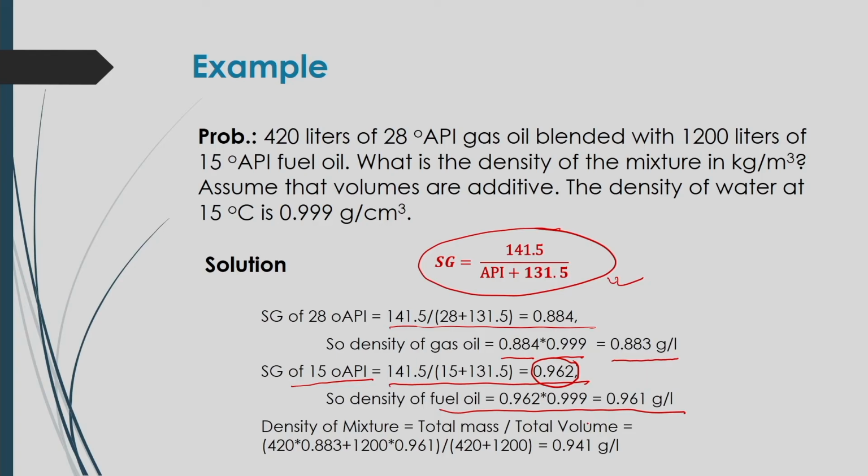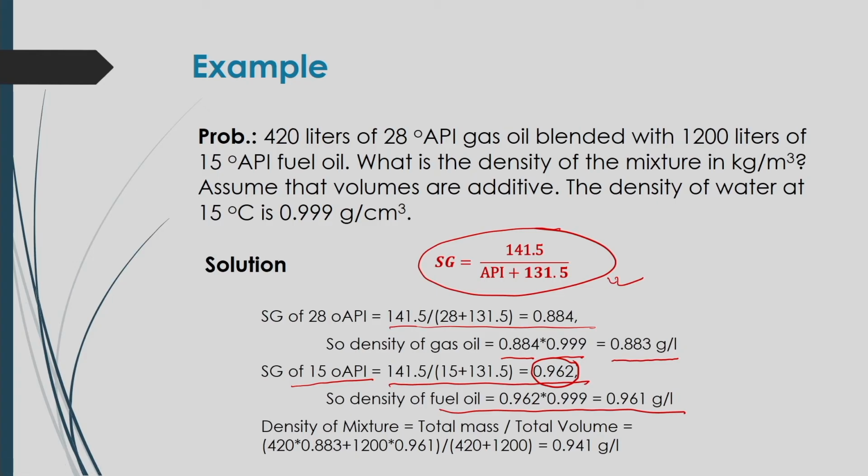Then what will be the total mass? You know the density of the gas oil and the density of the fuel oil. If you multiply the volume of the respective oil by its density and then add them, you will get the total mass of the oil mixture.